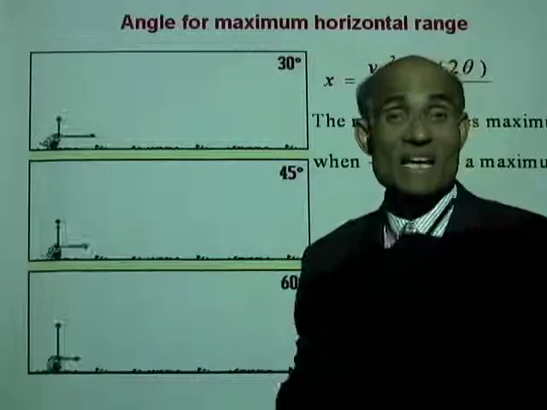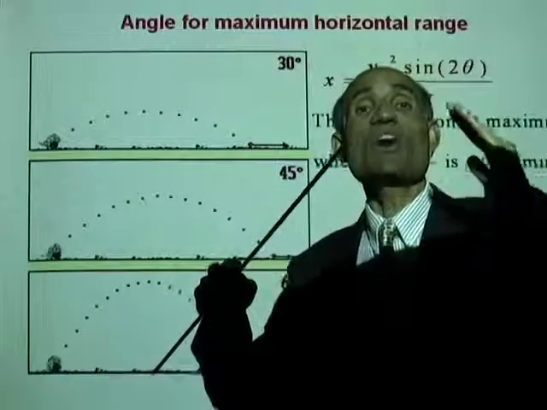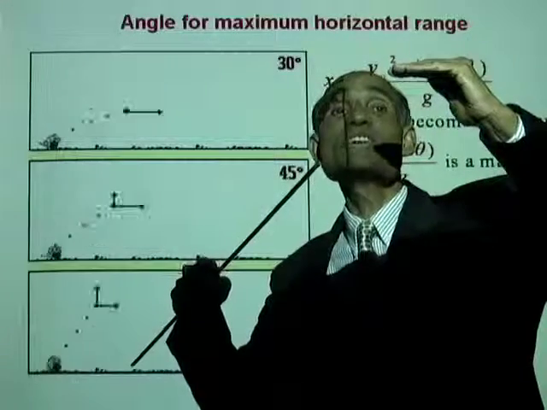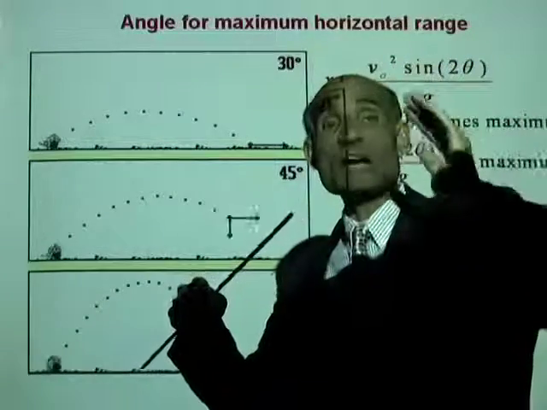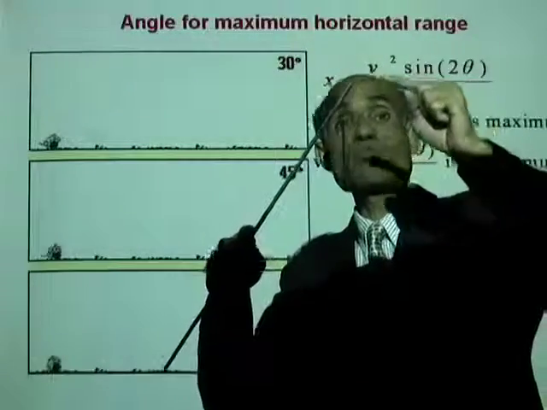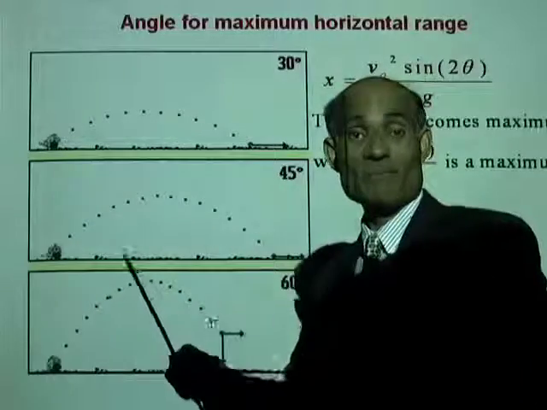You see, a sine function cannot exceed 1. Sine of 0 is 0, sine of 90 degrees, I'm not talking radians, sine of 90 degrees is 1, sine of 180 degrees is 0, is that right?